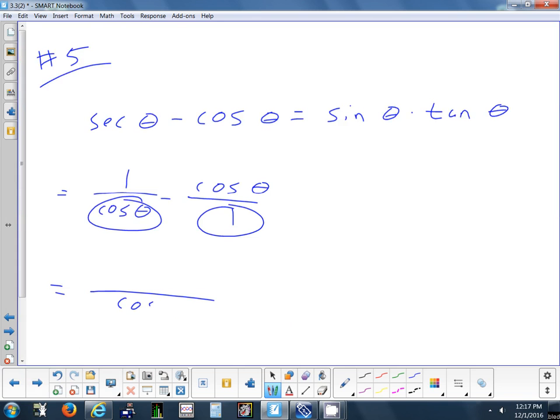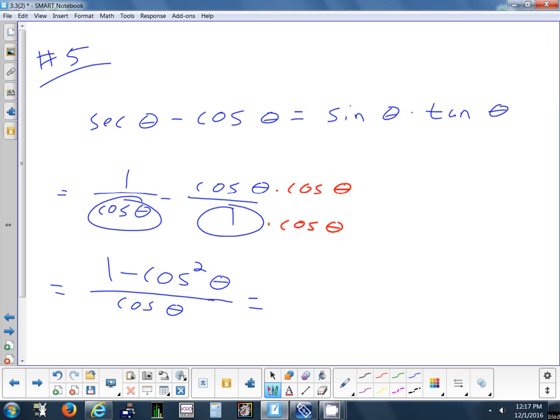So it's going to be cosine. The fraction on the left already has the common denominator, so I don't need to change it. The fraction on the right is missing cosine. Okay, so I'll multiply top and bottom by cosine. That's going to give me 1 minus cosine squared in the top and cosine in the bottom.